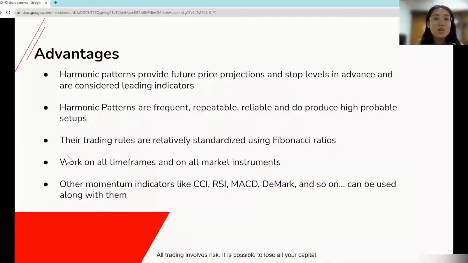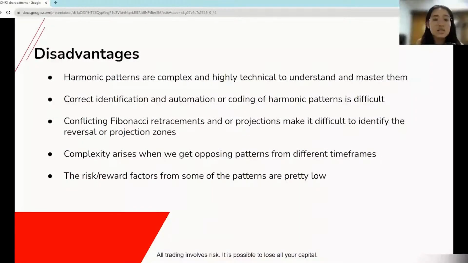And they work on all time frames as well. Okay, some disadvantages are that they are quite complex and technical to understand and master. But like I mentioned earlier, as long as you have the basics or you kind of know what you're looking for, once you master the art of Fibonacci, then you've kind of got it under your belt.